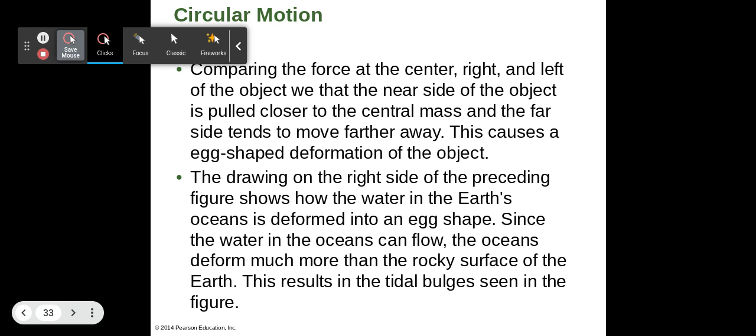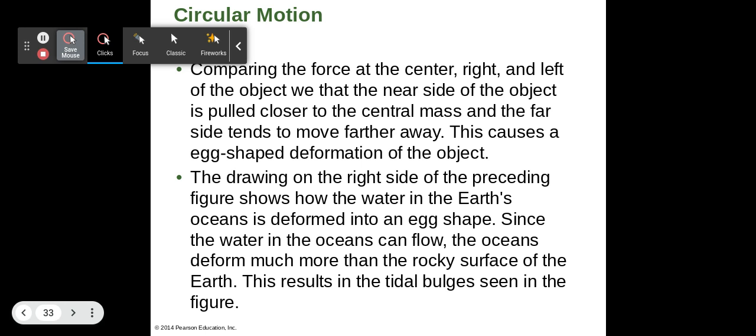The Earth bulges on its sides too, but it's a little harder for a solid object to change that. But water, liquid, can be deformed and compressed a lot more than a solid. So those oceans are going to get deformed and have a greater effect than the solid will. And so that's going to result in those tidal bulges.